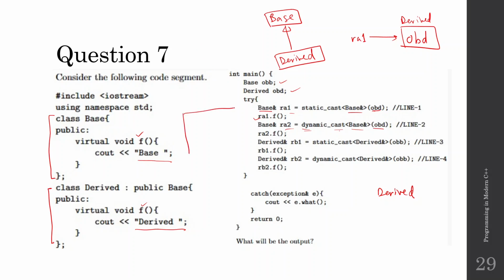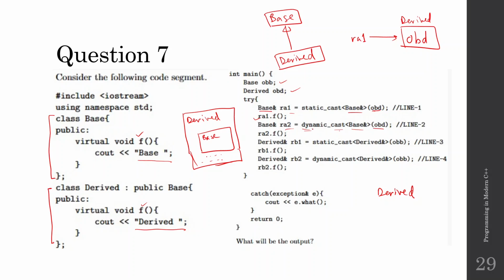So every derived object has a mini base object inside it. It will have a base object inside it, and on top of that it might have some other data members or member functions. So when we cast derived to a base object, this small base part is taken out of it. So this casting is valid.